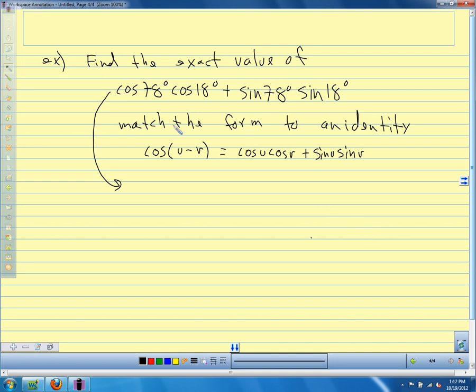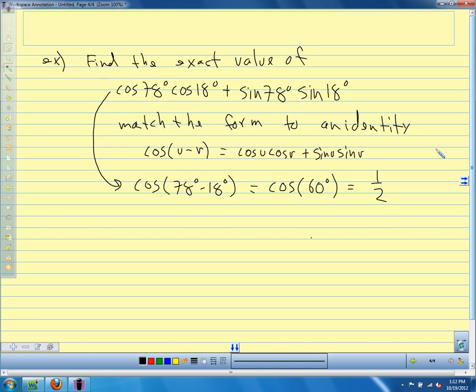So we match this form, so we're going to say this is the cosine of 78 degrees minus 18 degrees, which is the cosine of 60 degrees. And we look on our unit circle, the cosine of 60 degrees is 1/2.